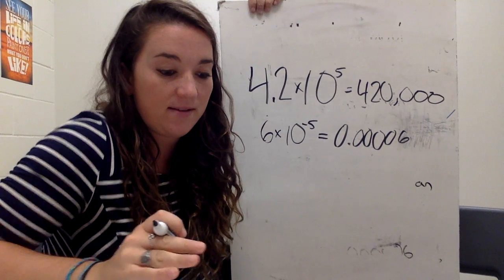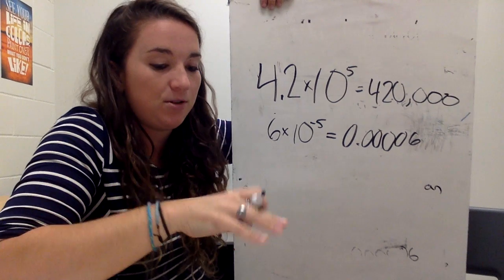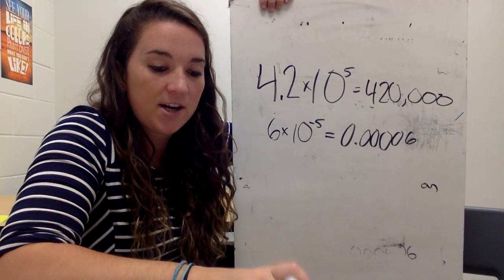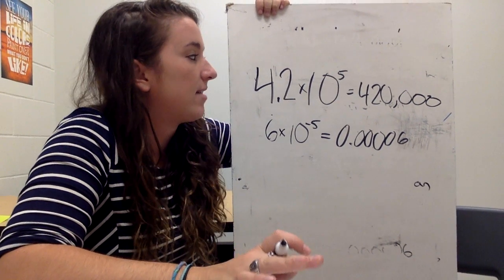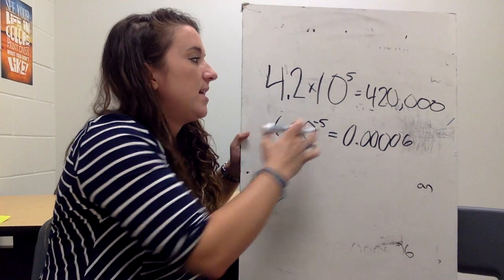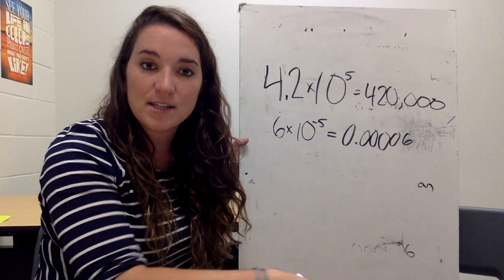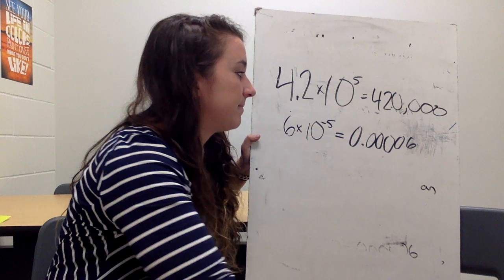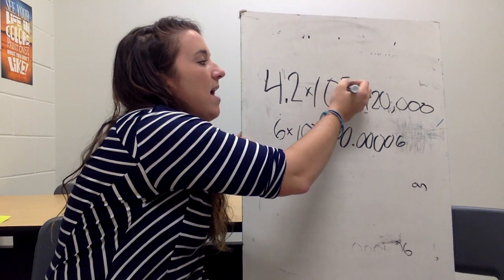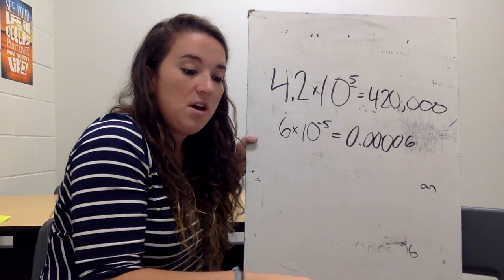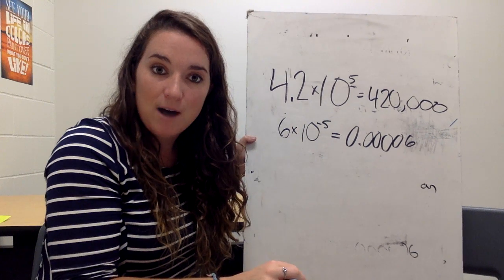Looking at question 1, let's look at these two examples. When the exponent is positive on our 10, is the number really big or really small? Which of these exponents is positive, the first one or the second one? Yeah, my first one, my 5 is positive. And is our number really big or really small?